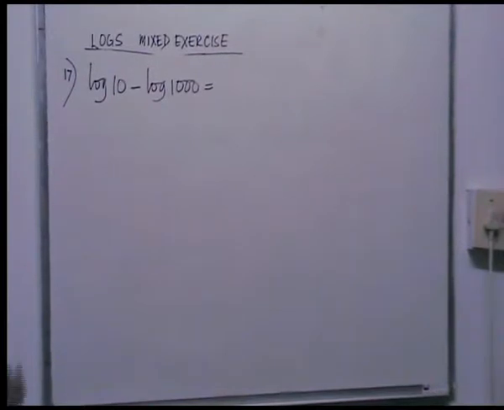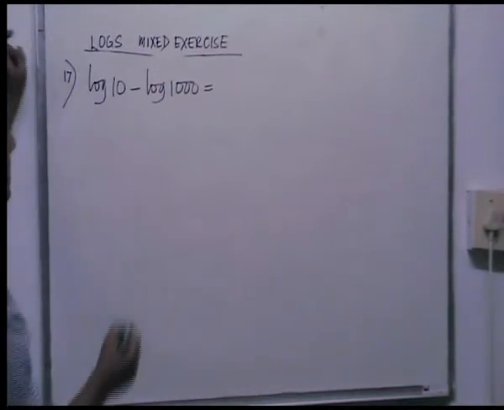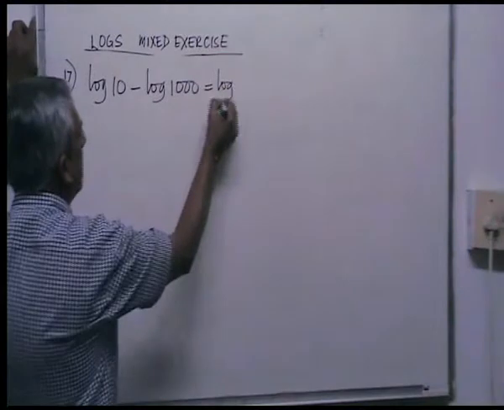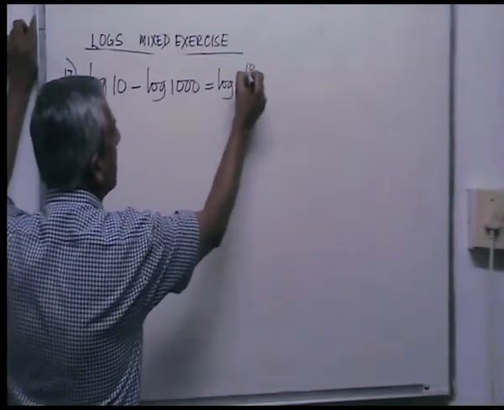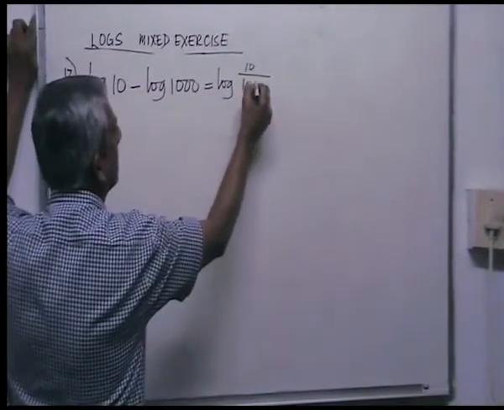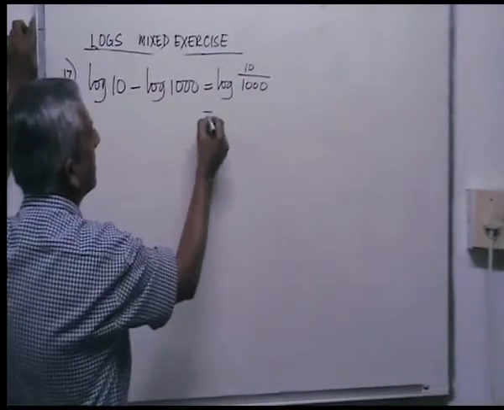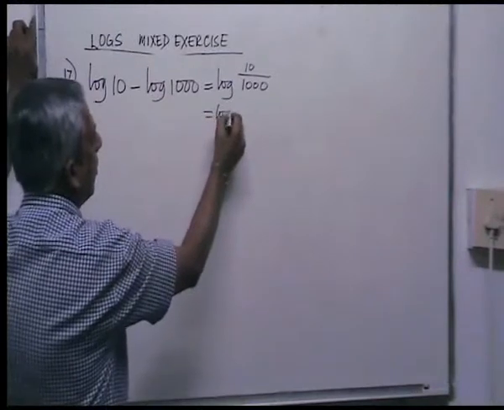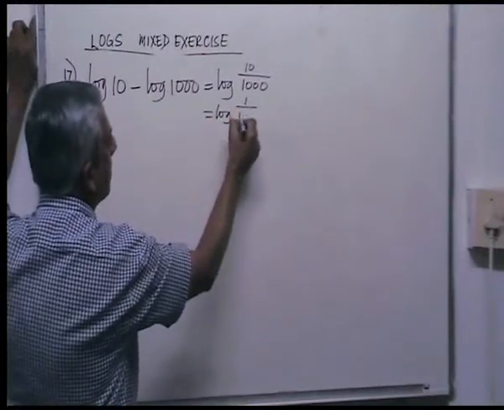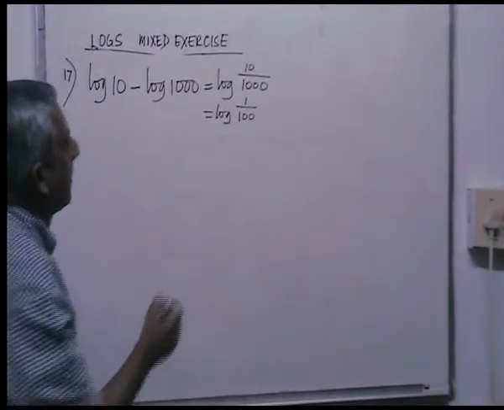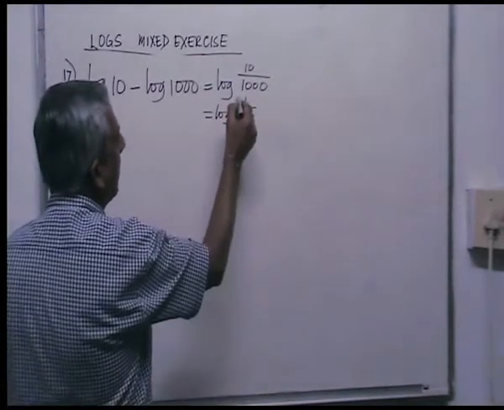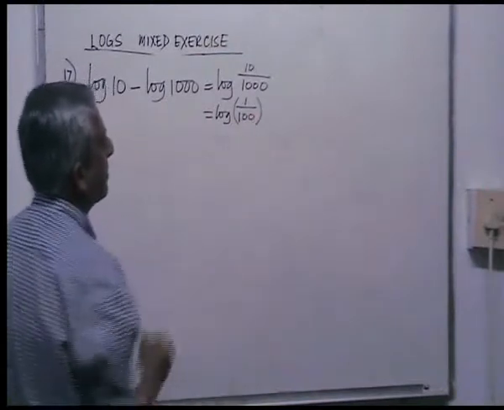But let's say you wanted to use the law: there's a minus sign, bases are the same, therefore it will be log of 10 over 1000. And that will work out to log of 1 over 100. So when you're putting this in the calculator, it's better for you to put that in a bracket, you see.